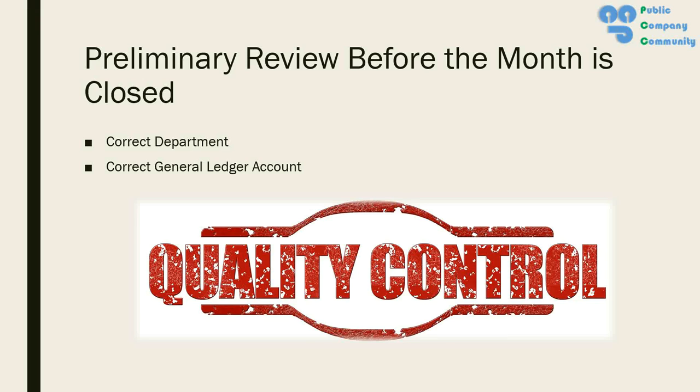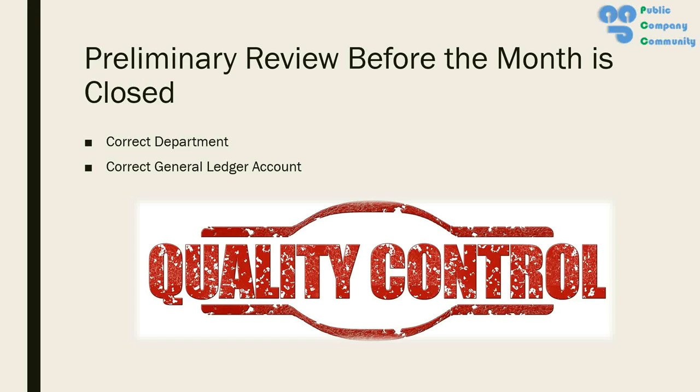All right, and another way that we need to analyze the actual numbers is we need to ensure that the actual costs are posting to the same accounts that we budgeted the costs in. Now, this isn't going to be of great importance to the department heads.